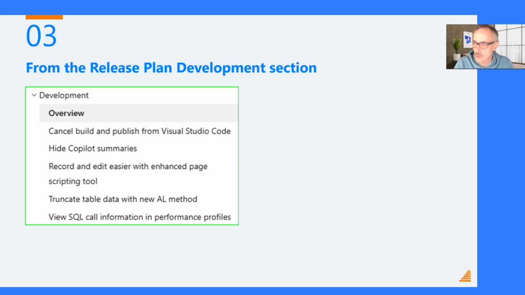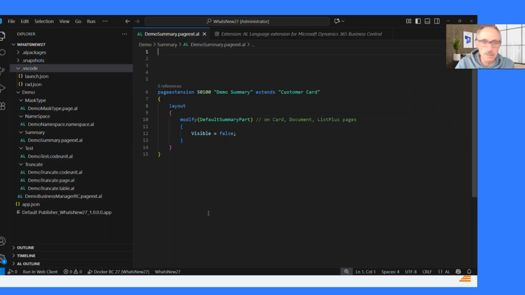So if I switch to my Visual Studio Code here, you can see that I have a page extension created on the customer card. And I can set the default summary part. I can set that to visible false.